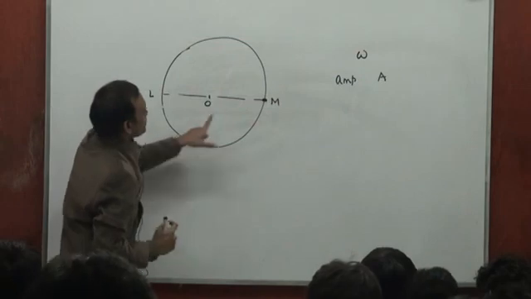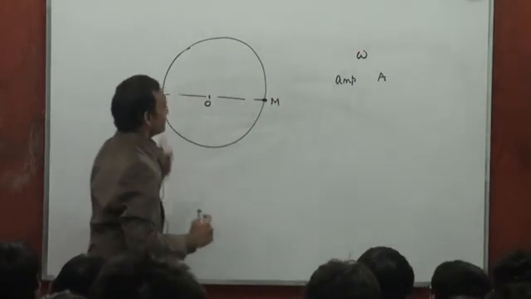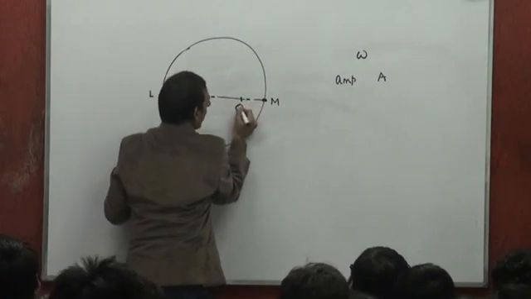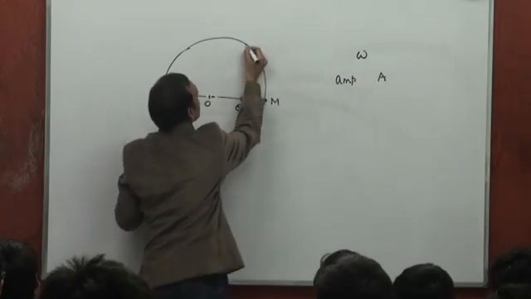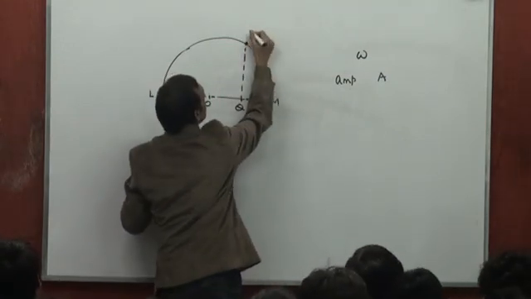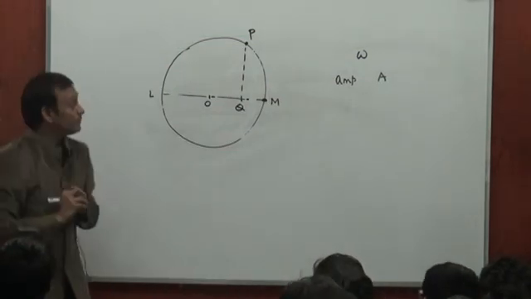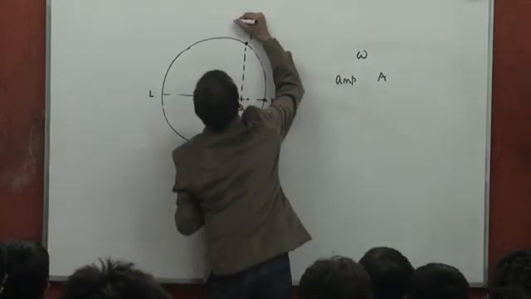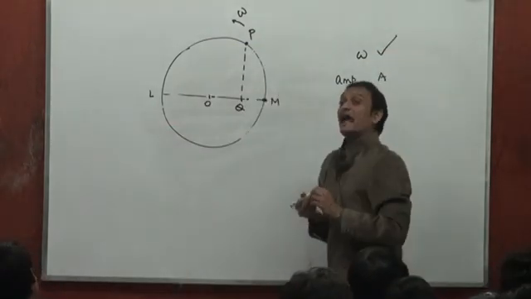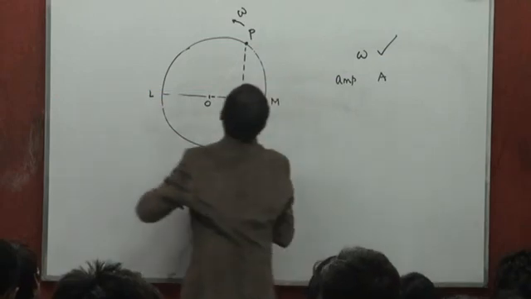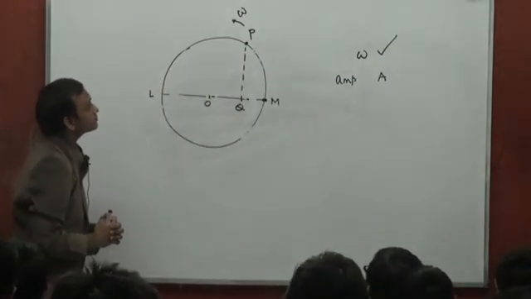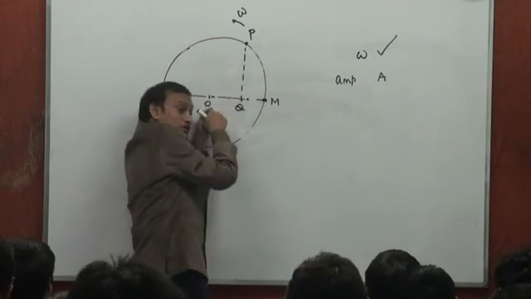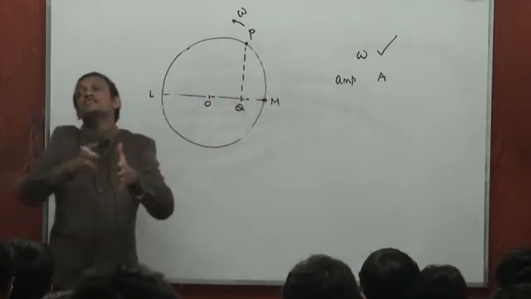Now, for the particle that is oscillating between these two extremities, L and M, I could jolly well associate a particle P, which describes uniform circular motion with angular velocity omega, same as the angular frequency of oscillation of the oscillator, and lying on a circle whose center is the mean position of the oscillator, and whose radius is the amplitude of oscillation.